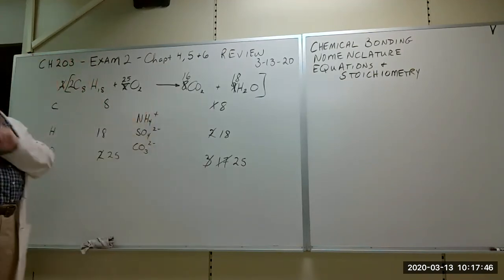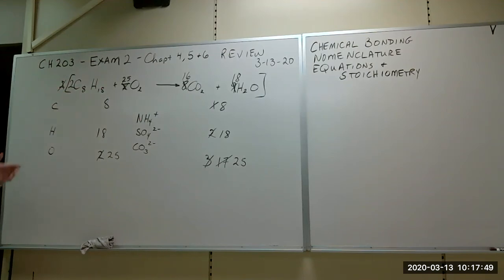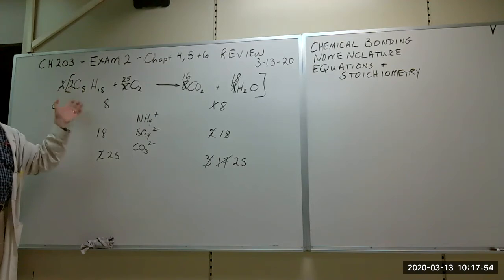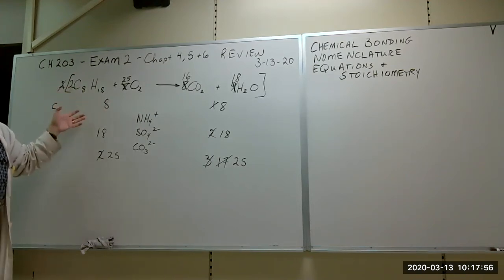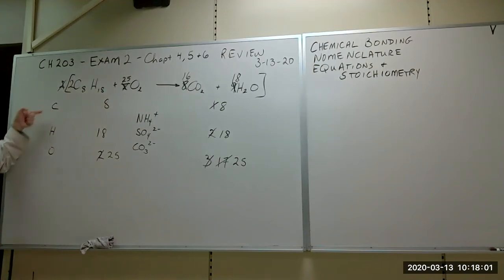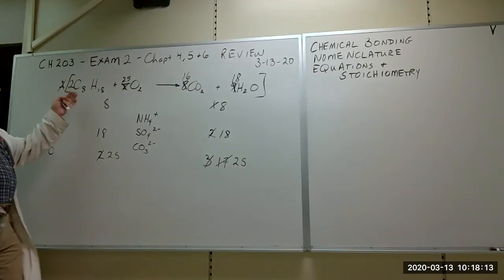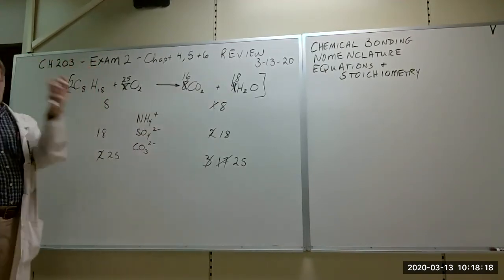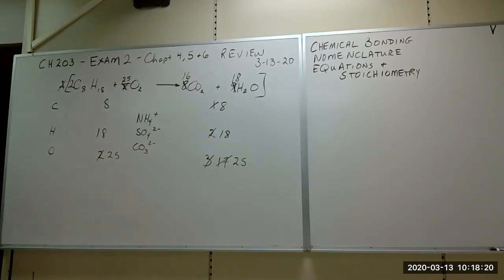If that's the case, you've got to break them apart. But if the polyatomics are the same on both sides, and you don't have any destruction in the process, you can use the polyatomic as one of your budgeting items, okay? And that really simplifies things. Even if the polyatomic appears in one place here and two places over here, as long as it's intact, you can still use it.